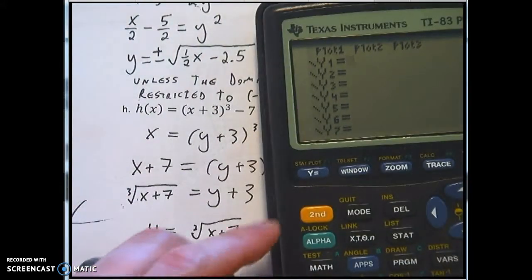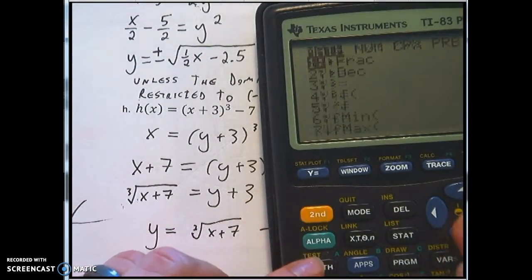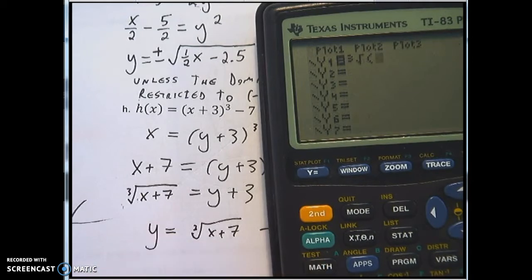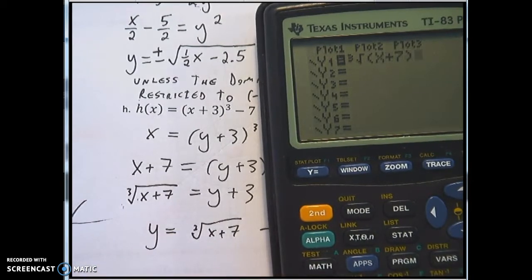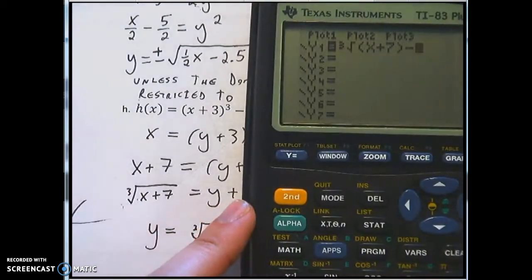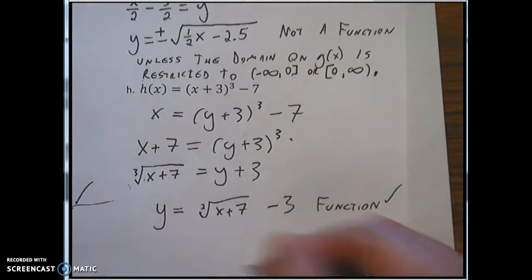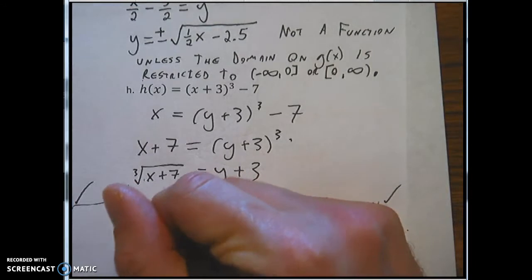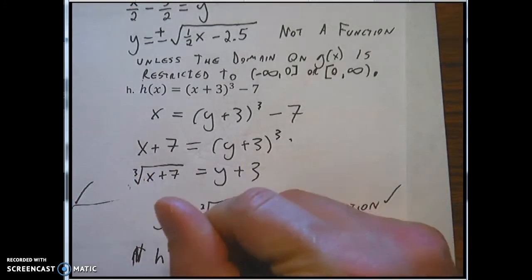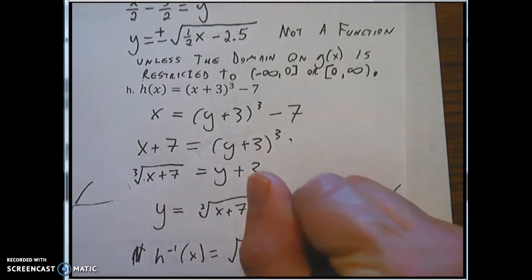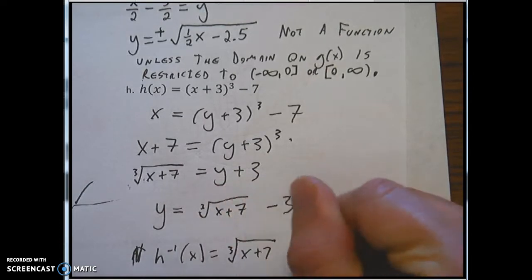The cube root, that's math 4, of x plus 7 minus 3, graph it. Sure enough, that's a function. So I'll write it in function notation. Oops, it should be h inverse of x equals the cube root of x plus 7 minus 3.